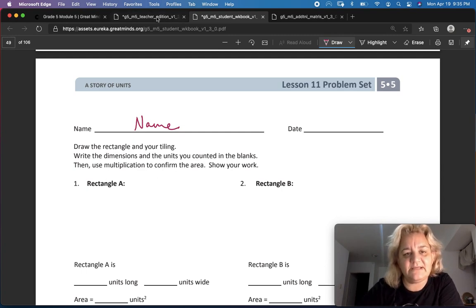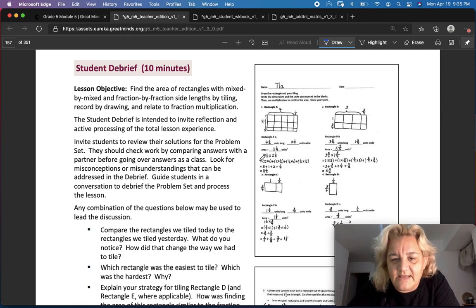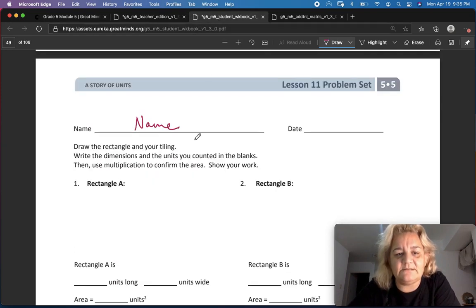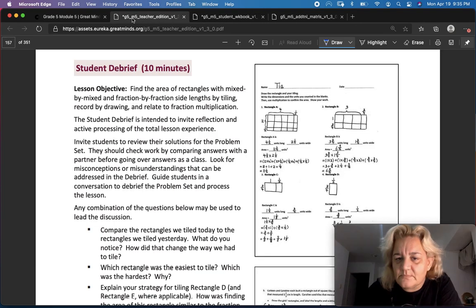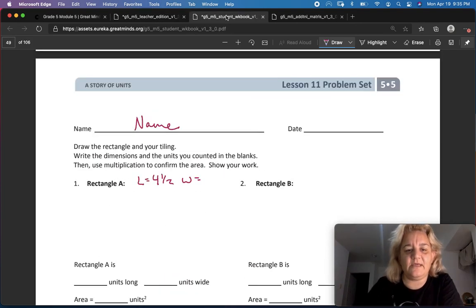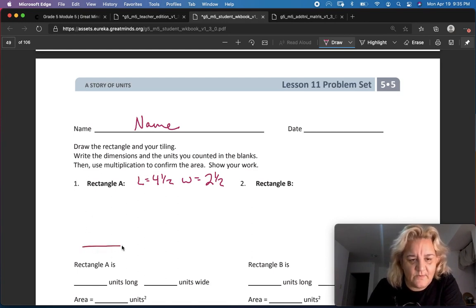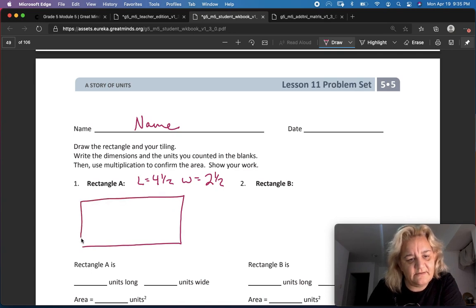So I'm going to give you the dimensions here. We're going to do a length equals 4 1/2, and our width equals 2 1/2. First I need to draw my rectangle and use tiling. If my length is 4 1/2 and my width is 2 1/2, I'm going to have this be my width and this be my length.